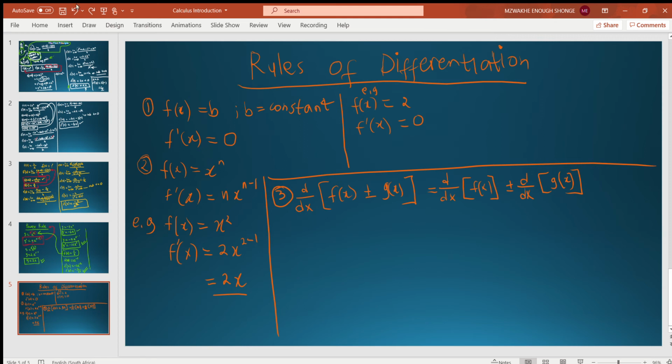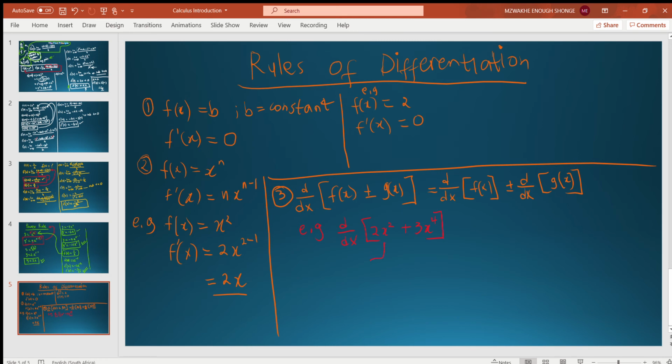For example, if you have d over dx of 2x squared plus 3x to the exponent 4.